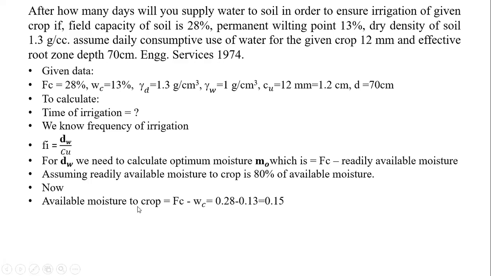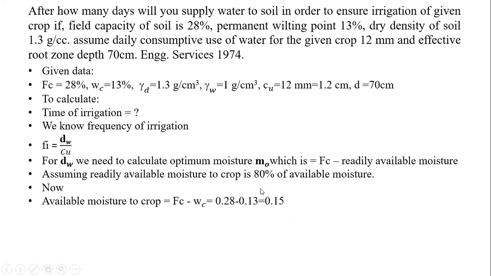Now, available moisture to the crop is field capacity minus wilting coefficient. Here field capacity is 28%, that is 0.28, minus the wilting coefficient of 13%, that is 0.13, and it comes to 0.15, meaning 15% is the available moisture to the crop.